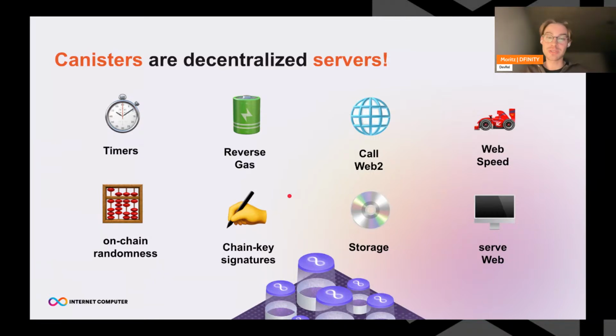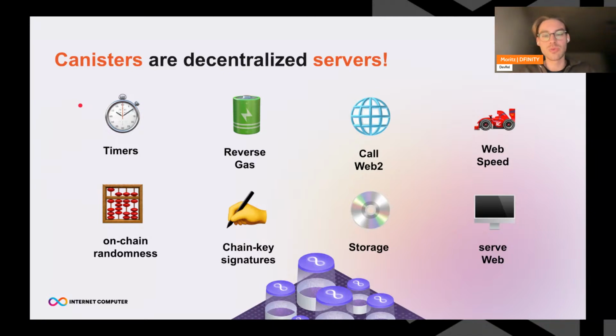So we have timers. It's the first one up here. Timers allow canisters to execute code either periodically or after a certain amount of time has passed. You could, for example, say, Internet Computer Protocol, please execute this function on my smart contract every 5 minutes, or please execute this function a year from now. That's basically this feature in a nutshell.